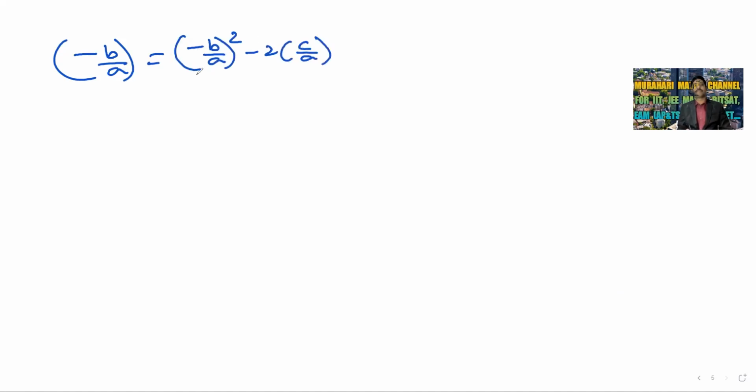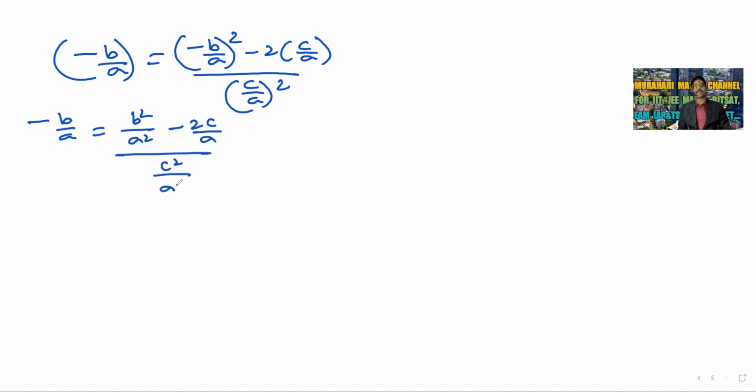Now, minus b by a is equal to minus b by a whole square minus 2 times c by a, over c by a whole square. So it will be b square by a square minus 2c by a, over c square by a square.